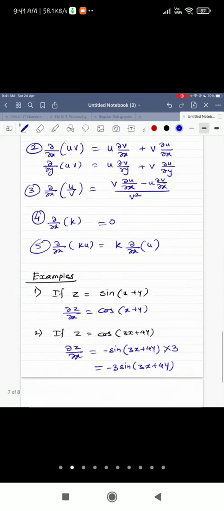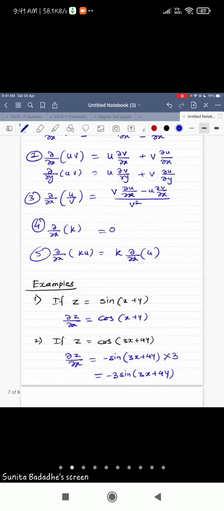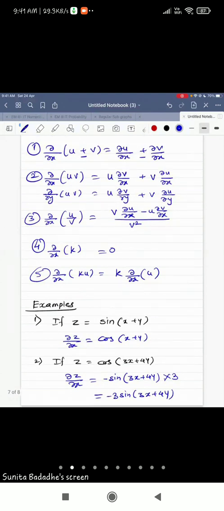Now, if I have to find the dabba z by dabba y value, can anybody tell me what it is? Immediately, what is dabba z by dabba y? Raise your hand, I'll ask you to unmute and answer. Yes, Shruti Patil has answered it correctly.